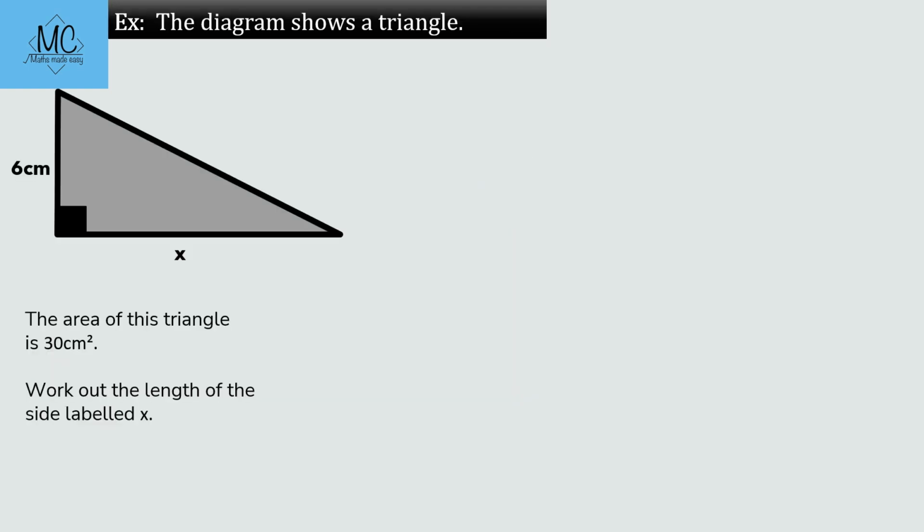Here's another example of a triangle, but in this triangle the question is a bit different. The question is asking, now we have been given the area, now I have to find the side of the triangle. So again we are going to work out the same way how we were working for finding the area. First write down the formula of the shape, which is half times base times height.